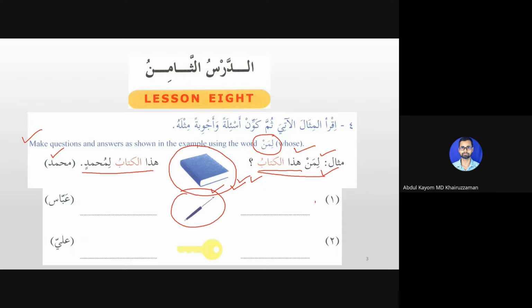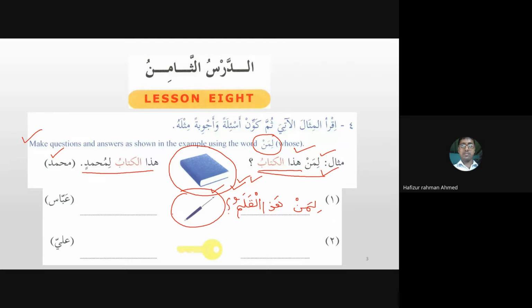So you will write liman hadal qalam. So what does it mean? Whose pen is this? Now tell the answer like this: this pen belongs to Abbas.